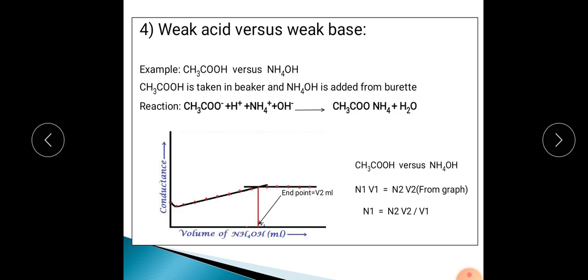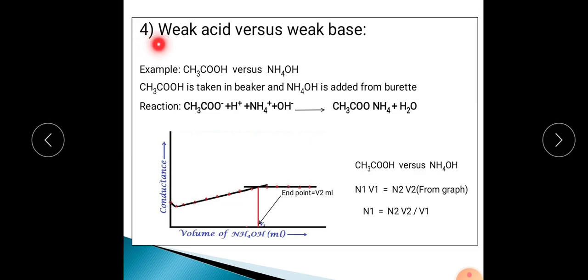So these two lines will be obtained, and the point of intersection and the corresponding volume on the x-axis will be the volume of base required to neutralize the acetic acid. So it is CH3COOH versus NH4OH. From this, using N1V1 equals N2V2, we can perform the calculation and find the normality of acetic acid, and later its strength by multiplying it with its equivalent weight.